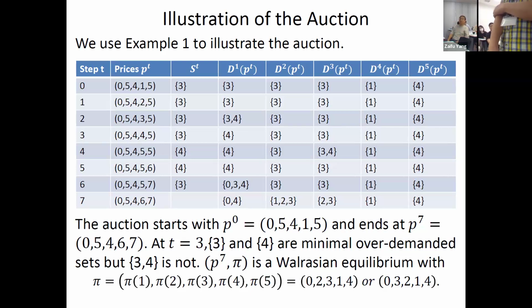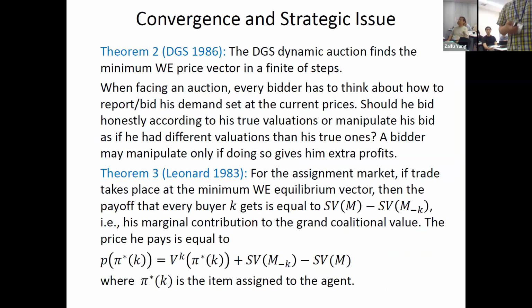I think it's yes, but I'm not quite sure. I think most likely it is yes. Okay, so the first theorem: this dynamic auction finds the minimum valuation price vector in a finite number of steps.